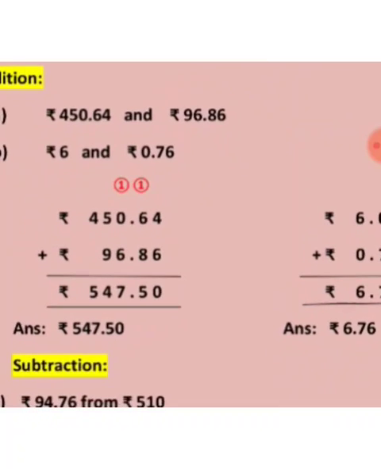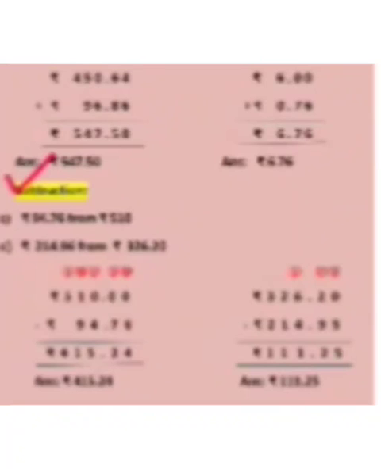Next part is subtraction. Arrange and do normal subtraction. First, part C, rupees 94.76 from rupees 510. In subtraction, you must remember, always keep the bigger number on the top at first. So rupees 510 is bigger than 94. So it is rupees 510. You will arrange and write in the form of rupees and paise with decimal.